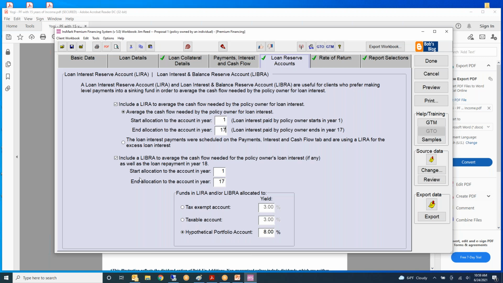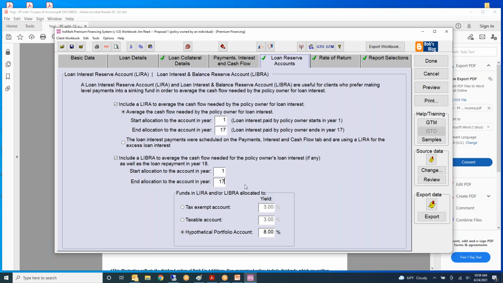So again, you establish a year range. I do year 1 to year 17, for 17 years, because after year 18 the loan is paid off. We want the whole plan to be executed and done. So that's why I established this year range.